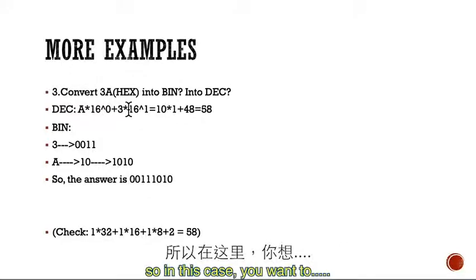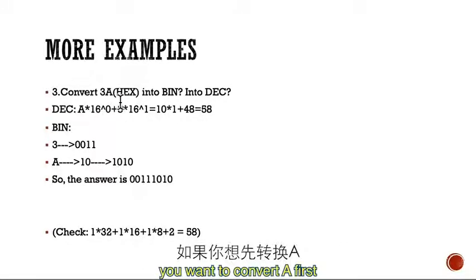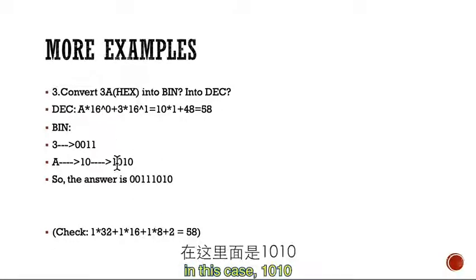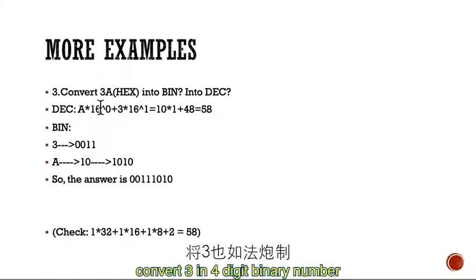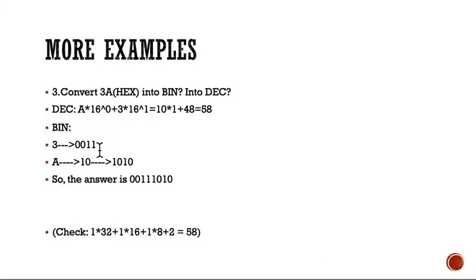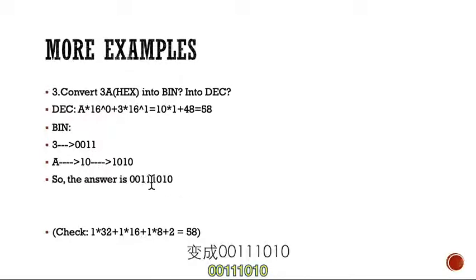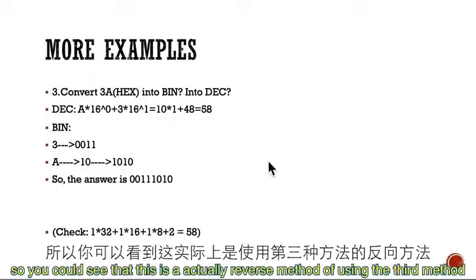You convert A first into a 4-digit binary number, in this case 1010, convert 3 into a 4-digit binary number, in this case 0011, and you link them together, 0011 1010. So you could see that this is actually a reverse use of the third method, right?